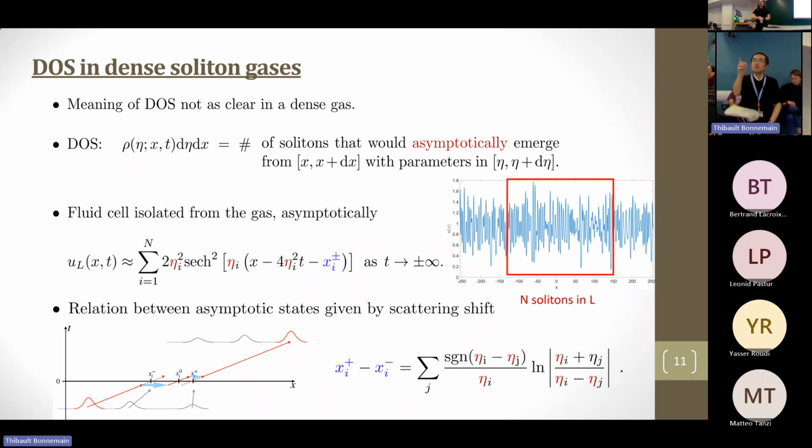Pretty basic question. We're talking about asymptotic state. We are also thinking about an initial state, which is stationary.